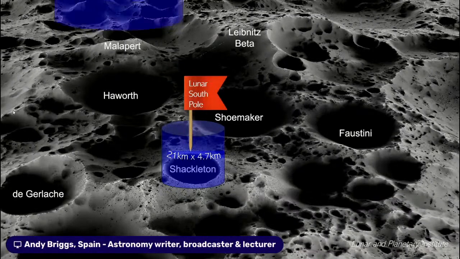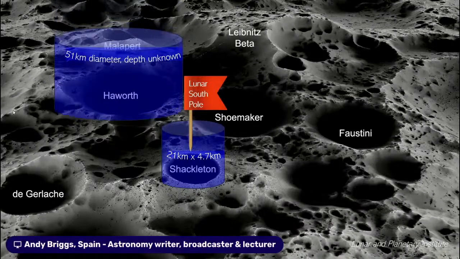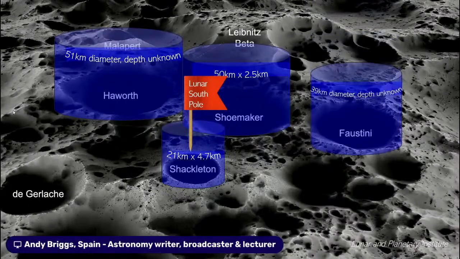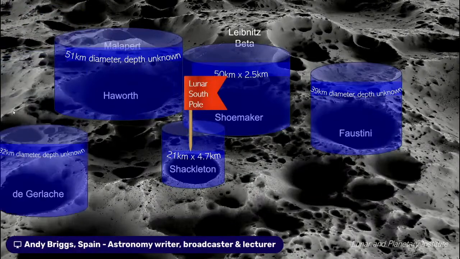But we've got some bigger ones around it. We've got Haworth, for example, 51 kilometers, its depth unknown. We've got Shoemaker, named after, of course, the famous scientist Eugene Shoemaker, 50 kilometers wide by 2.5 kilometers deep. Faustini, 39 kilometers wide, depth unknown.